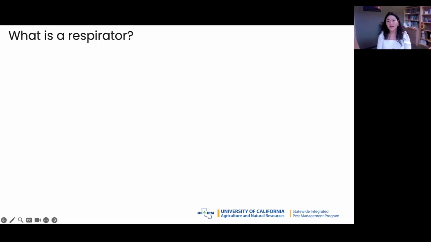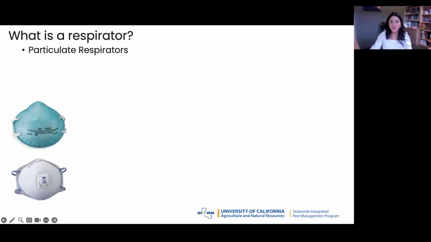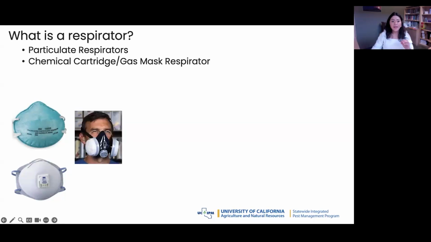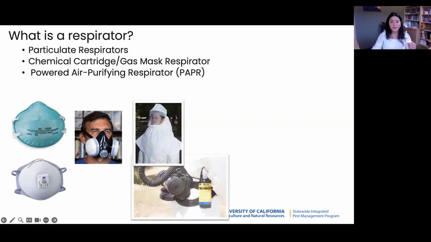Respirators are devices that are used to protect the person from inhaling dangerous substances such as chemicals and infectious particles, and there are several types. We have particulate respirators, which we became very familiar with during the pandemic. These are going to protect against airborne particles, right? Whereas the gas mask respirators that protect against vapors are going to be a little more intricate and detailed.